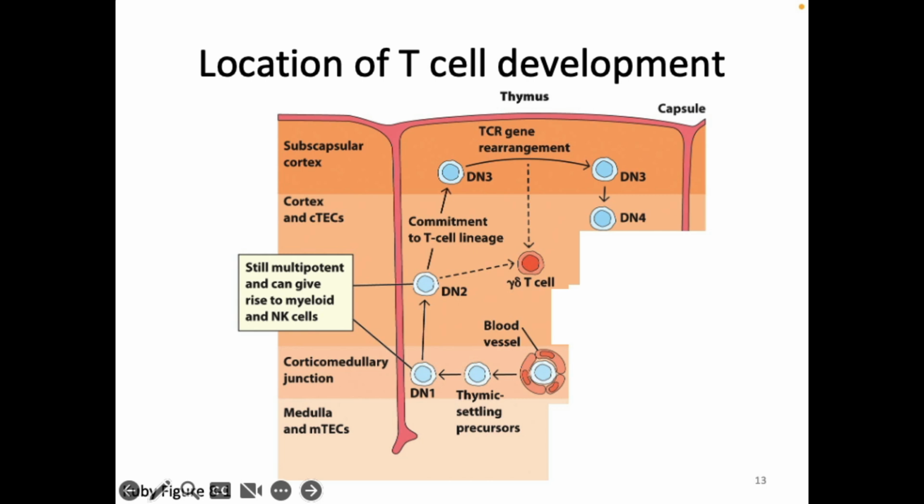You can also see that our cell is going to be potentially choosing to become a gamma delta cell as opposed to an alpha beta cell during this time. And so we have to think a little bit about how that choice works, because it's happening in this DN2 to DN3 time period.